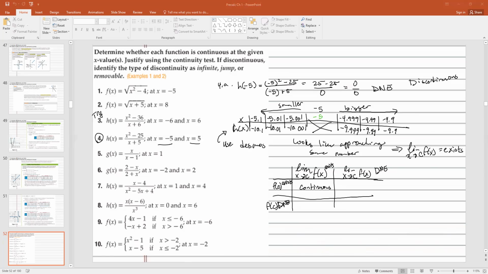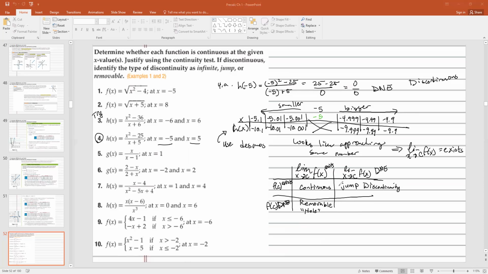If the f of c exists, but the limit of f of x as x approaches c does not exist, then this one would be a jump discontinuity. If f of c does not exist, but the limit of f of x as x approaches c does exist, like what we have here, this is a removable discontinuity or a hole in some pre-calc books.